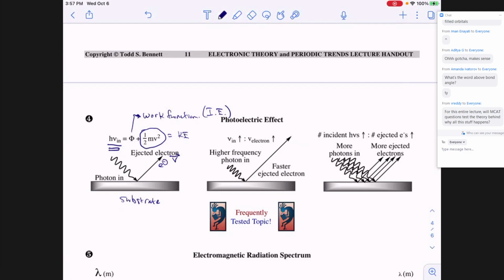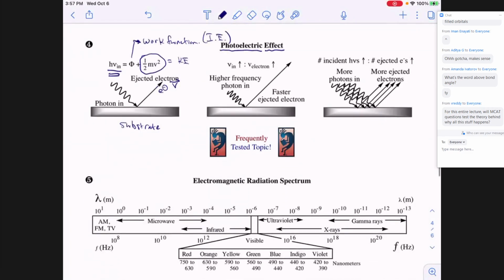So the more energy or the higher the frequency, the greater the velocity. And if we have more photons of light being shined in, higher intensity of light, we have more electrons being given off. And so why do we care about this photoelectric effect? By the way, Einstein discovered this. Why do we care about this?